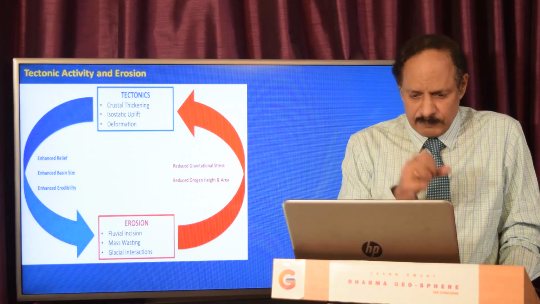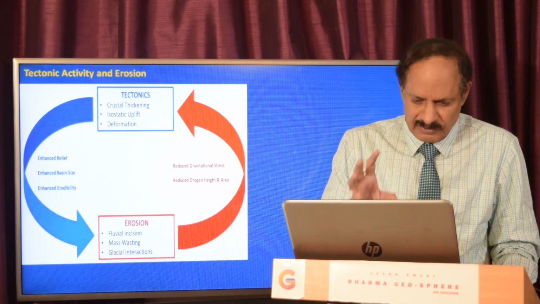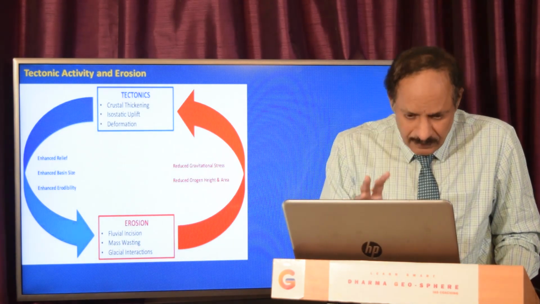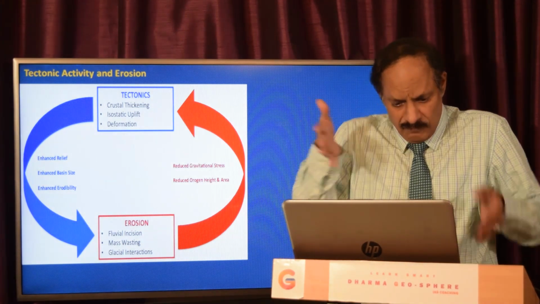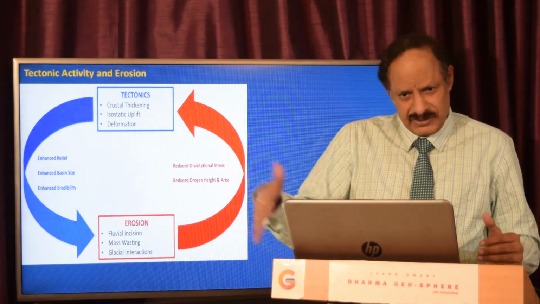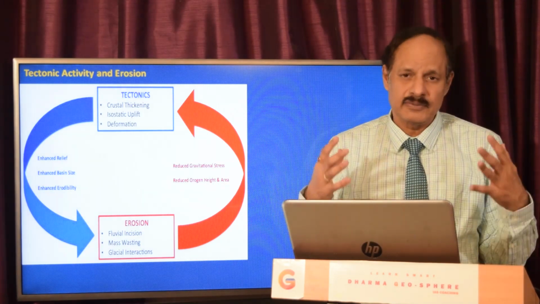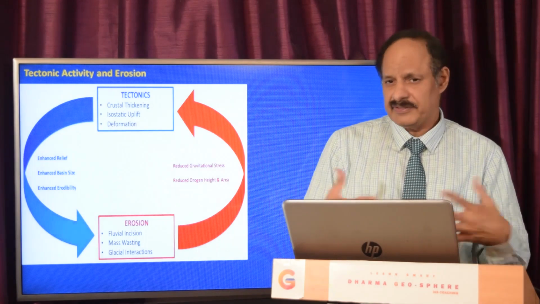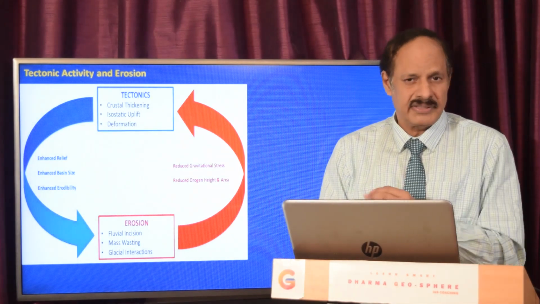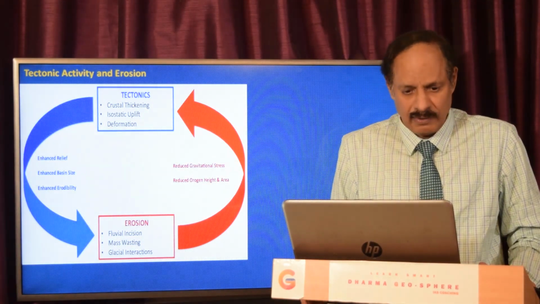This kind of diagram captures tectonics, crustal thickening, isostatic uplift, deformation, and erosion, which includes fluvial incision, mass wasting, which is driven by gravity, and glacial interaction. So tectonics plays a very important role in finally developing the peneplain surface, depending on what kind of rock structure it is, what kind of climatic factors are there, and the denudation rates as well.